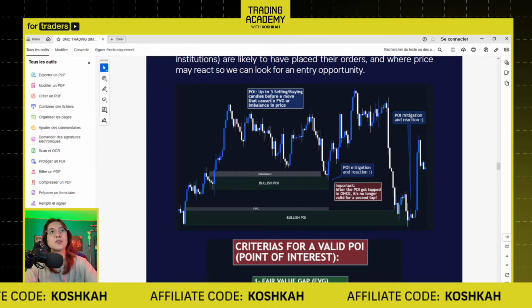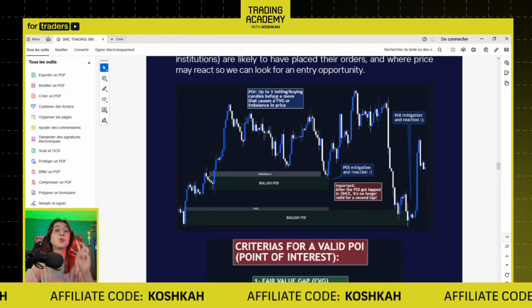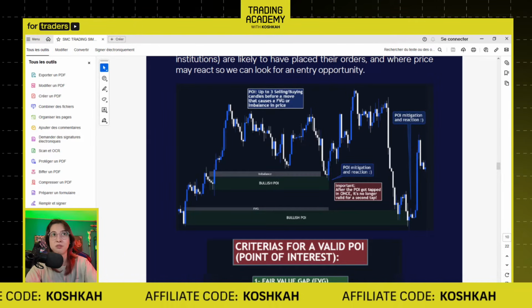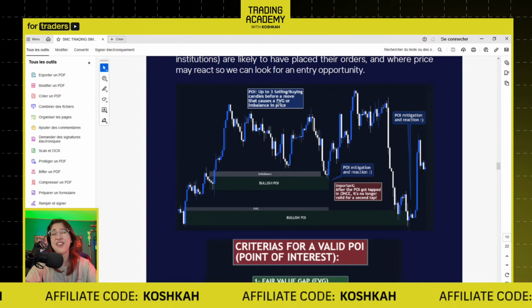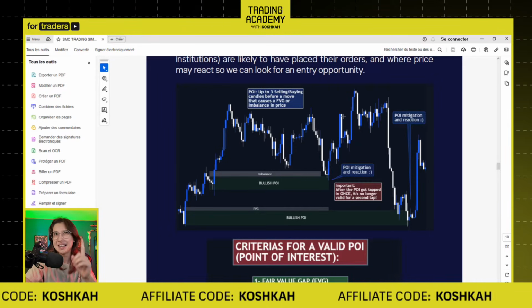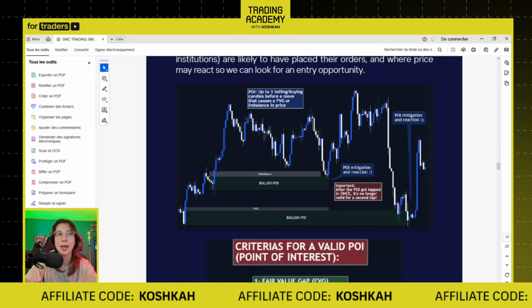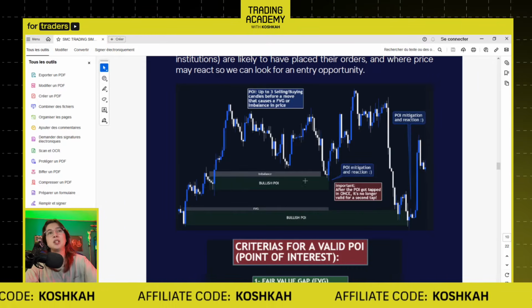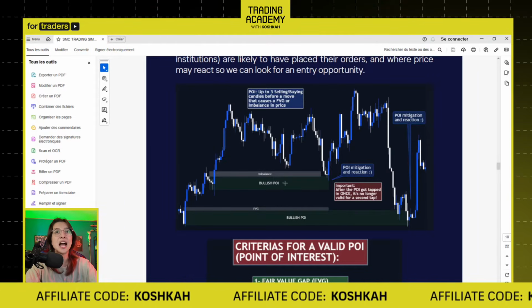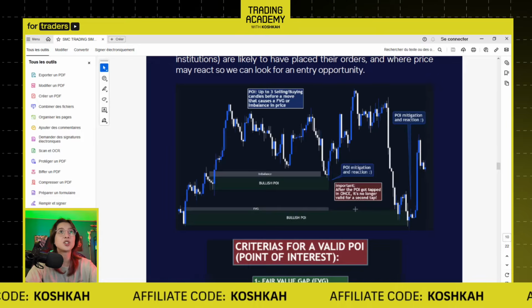First, a POI is up to 3 selling or buying candles before a move that caused a fair value gap or an imbalance in price. It also needs to be the opposite color candle.